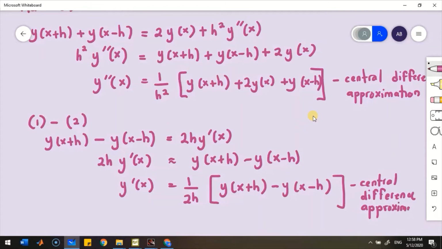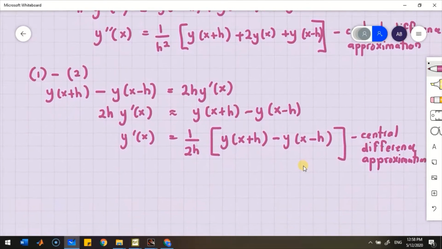Now why is this important? Because remember, to solve the boundary value problem using the finite difference method, we have to transform this to a finite difference approximation.